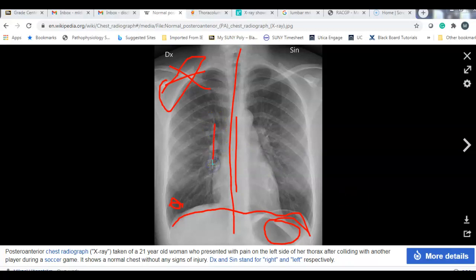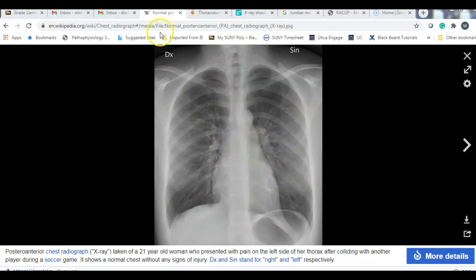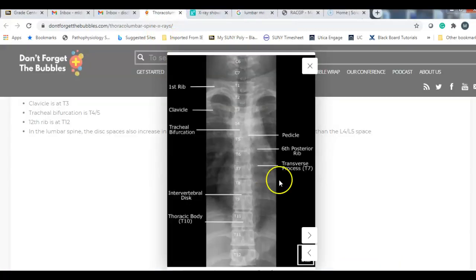You can look at the bronchi here and make sure those look okay. And of course the lung fields, which I'm sure you're very familiar with looking through. And if we close that out, you could see the vertebra better because we've narrowed down the x-rays to a more narrow specific area.